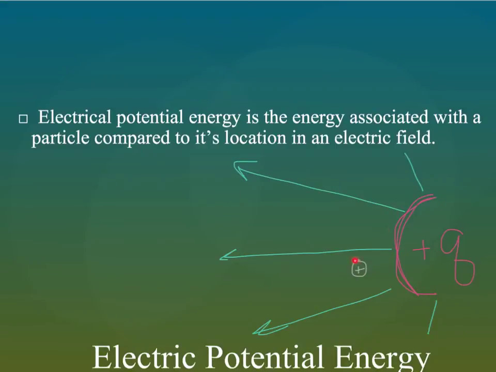So when this charge is here, it's going to have a stronger force pushing it out than if that charge was out here, where it's going to have a weaker force. So it depends on this distance between itself and the charge, and that's what's going to determine the strength of that electric field.